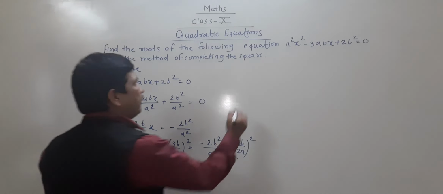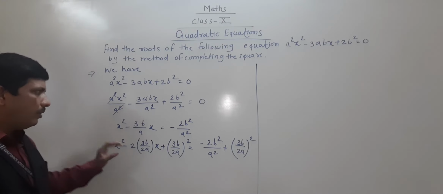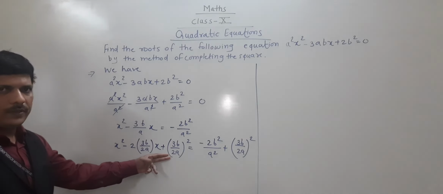Okay, now see, again we will see here, now 3b square is 9b square upon 4a square.